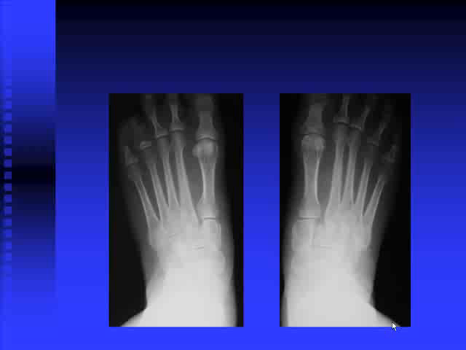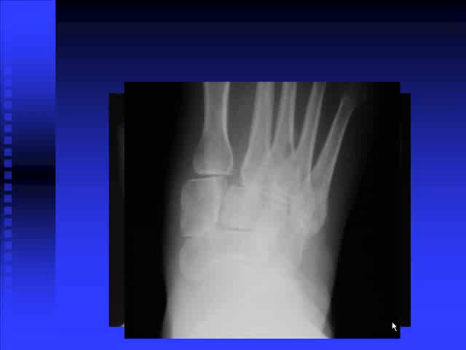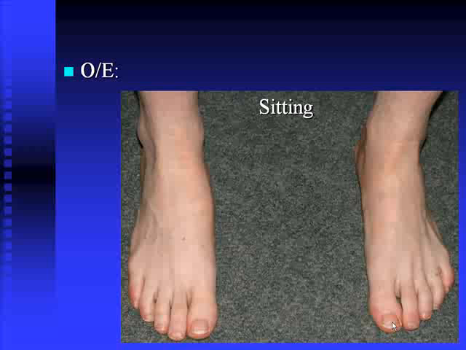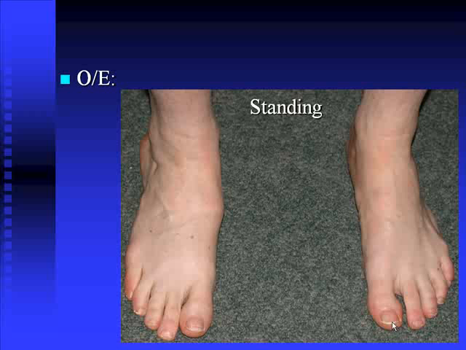And there you can see a small flake of bone in that area, a pathognomonic of instability. Now this shows a good example of examining the patient. You see there's minimal fullness on the medial side of the foot with the patient sitting. But as soon as the patient stands up, there's an obvious abduction of the forefoot because of the ligamentous instability.